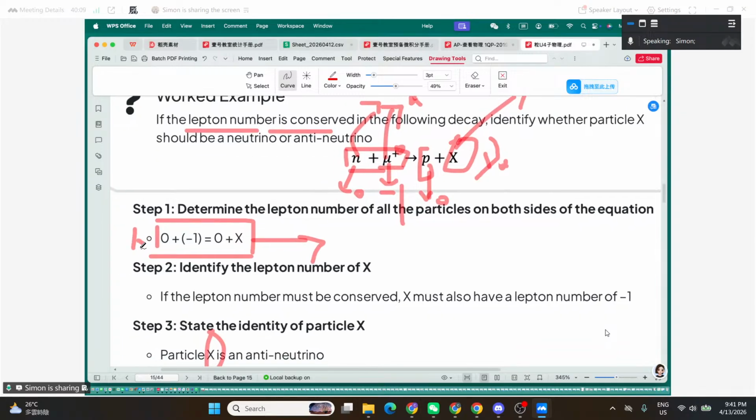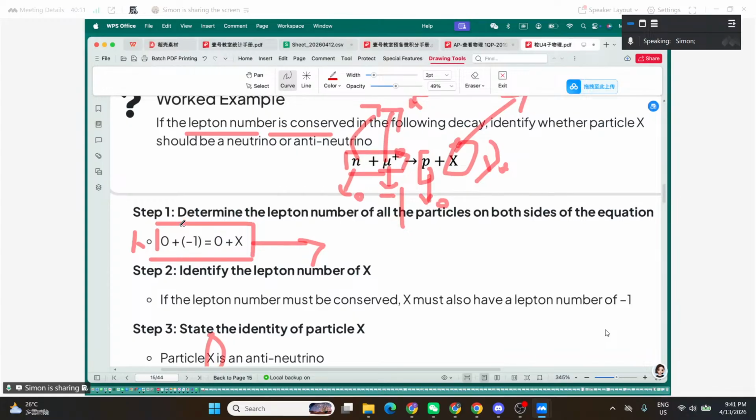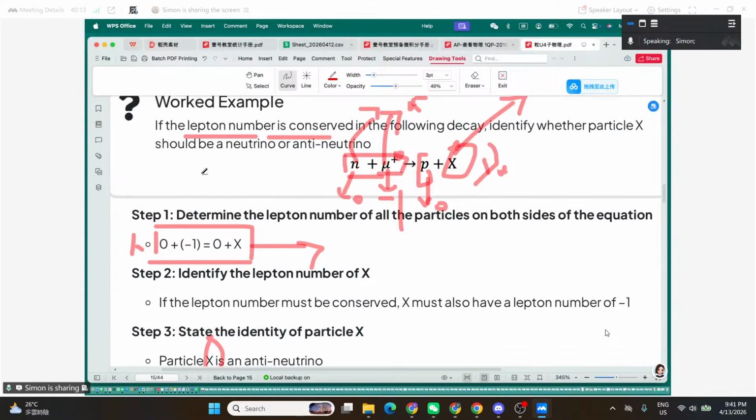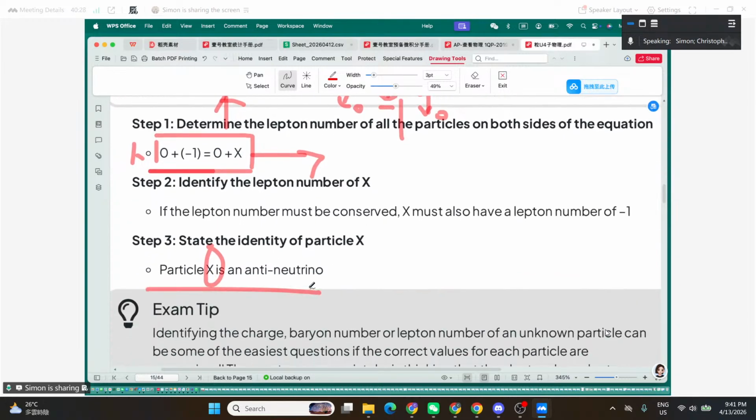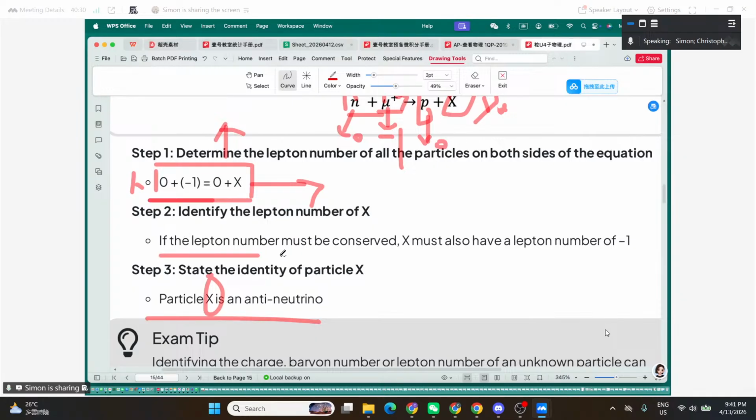Every time you meet a topic that wants you to verify whether lepton number is conserved or not, you must use the equation to verify. Understand? Okay, and here's the conclusion and the explanation.